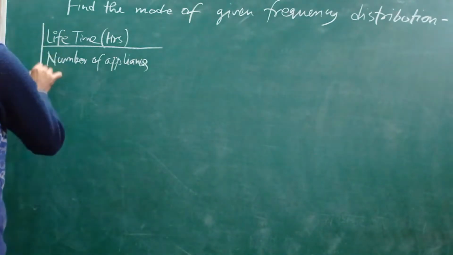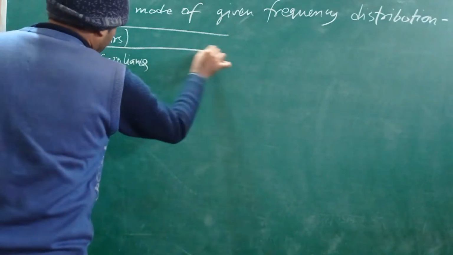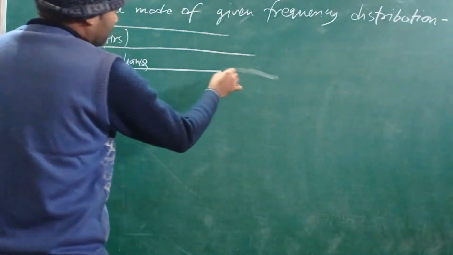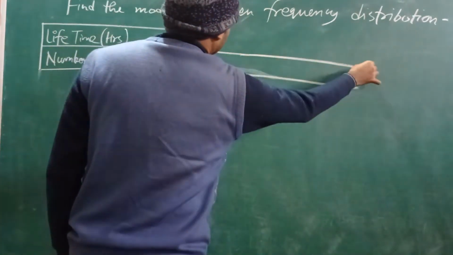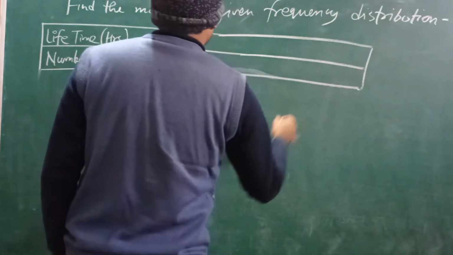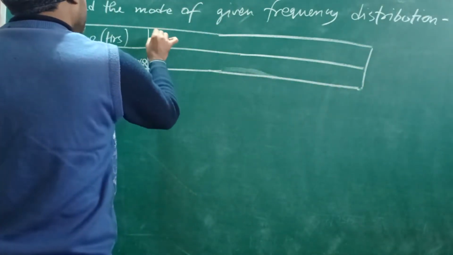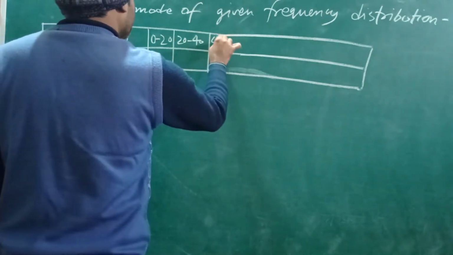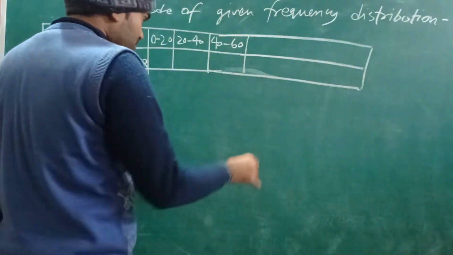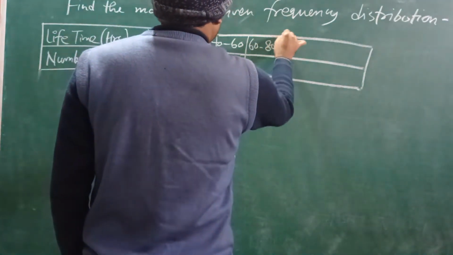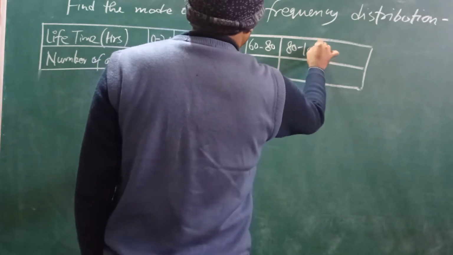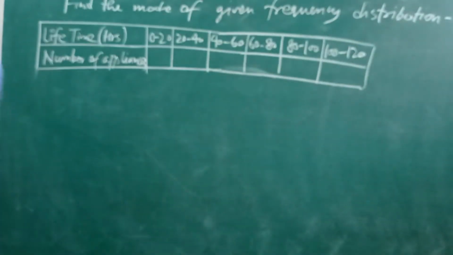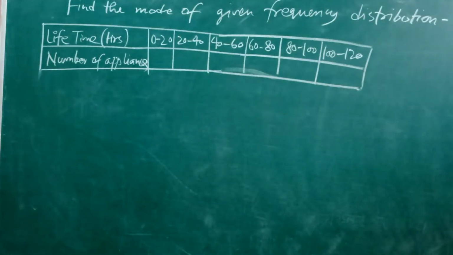The classes are 0 to 20, 20 to 40, 40 to 60, 60 to 80, 80 to 100, and the last one is 100 to 120.